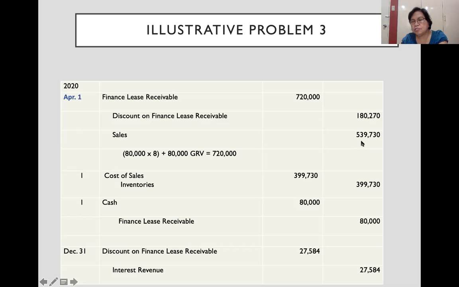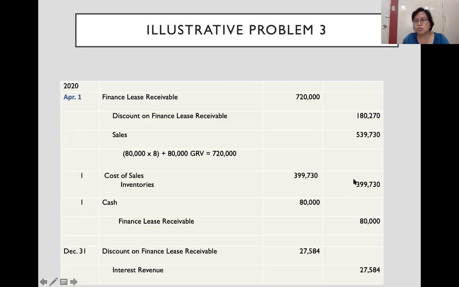So in your statement of comprehensive income, 539,730 minus 399,730, which in effect is 140,000, will be presented as gross profit. That is a gross profit that is earned in 2020 during the year of commencement.